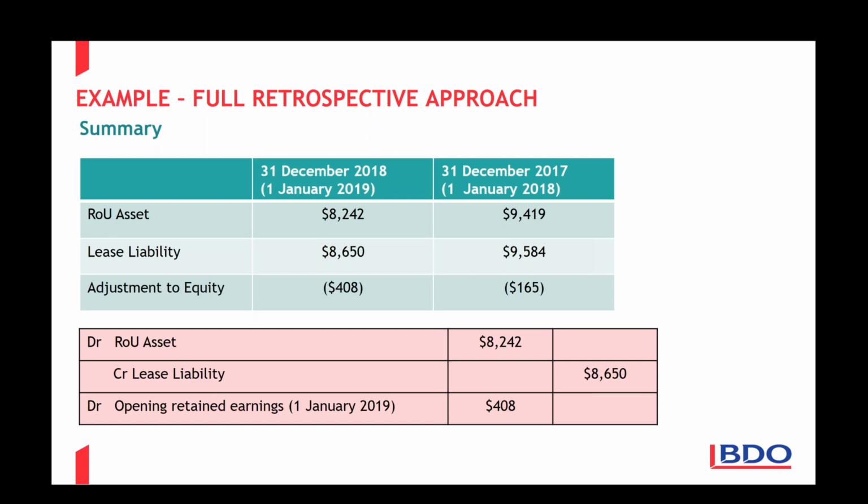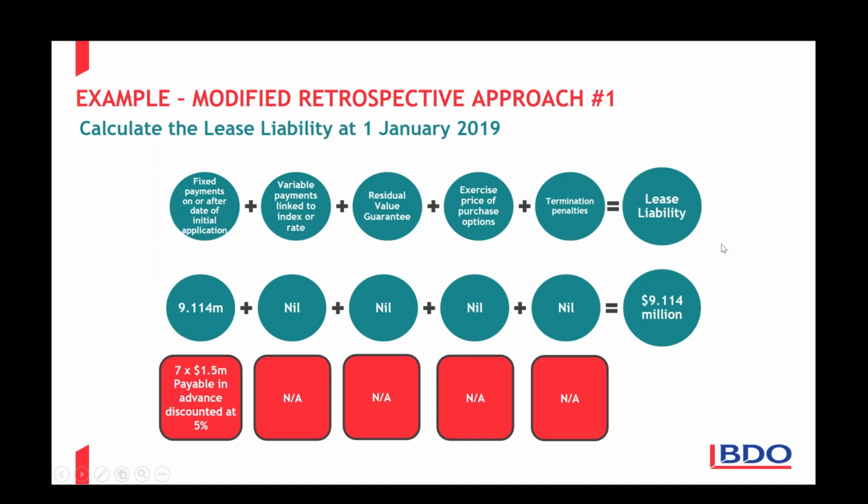So your adjustment against opening retained earnings, only when you disclose it, is the 165. And that's why we've done that calculation. So there's a difference between the journal you process on the 1st of January 2019 and the disclosure in your financial statements at the end of December 2019.